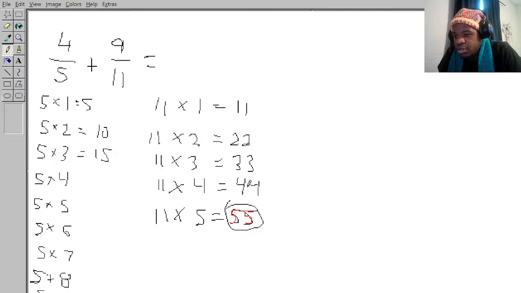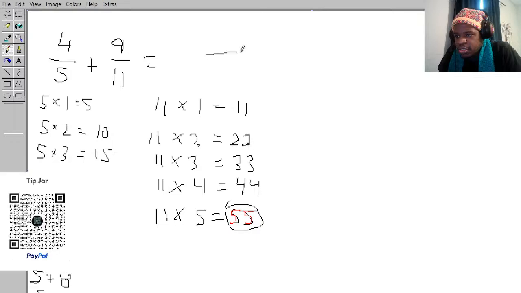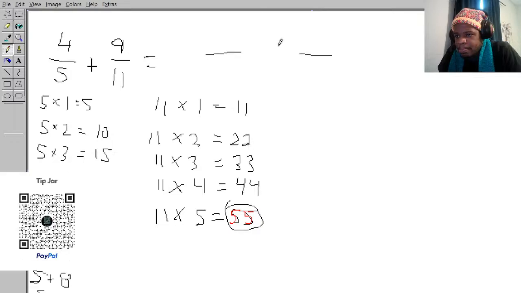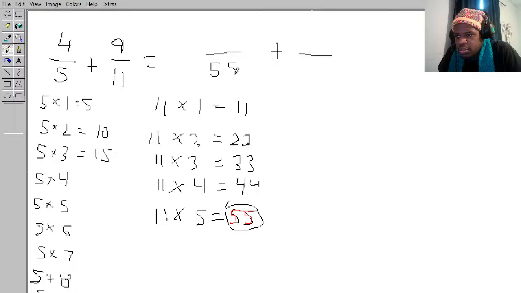We're going to make that the next part of the problem. So we bring this least common multiple, we put it in the next part.